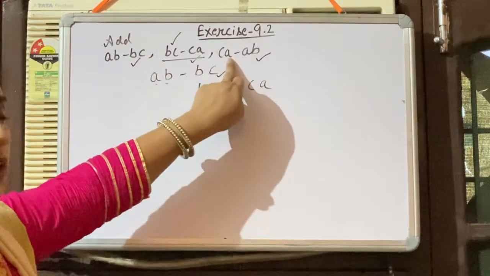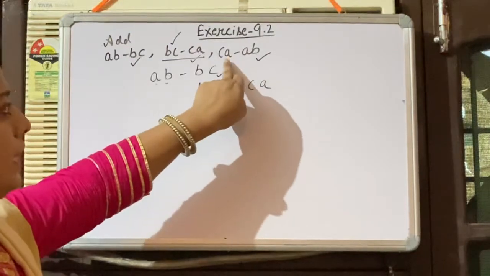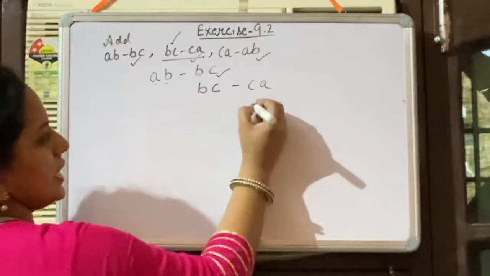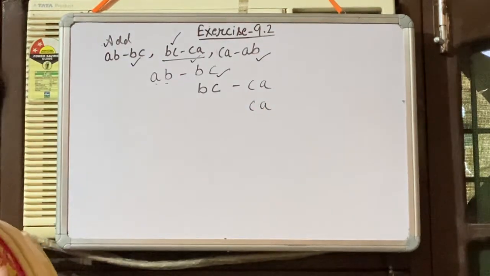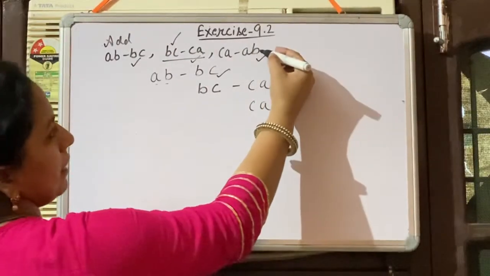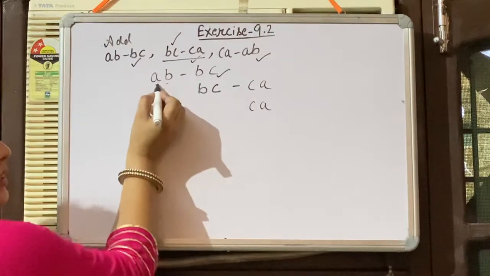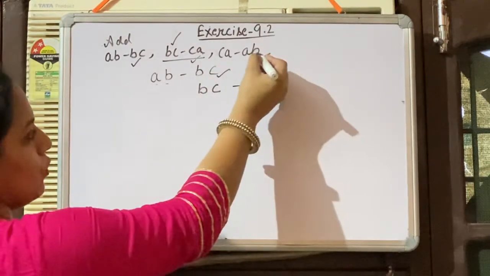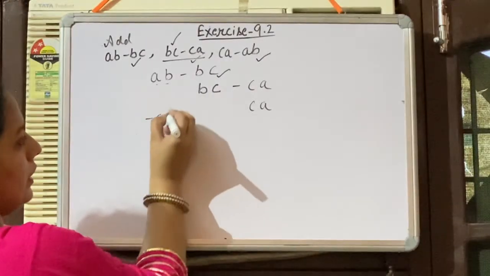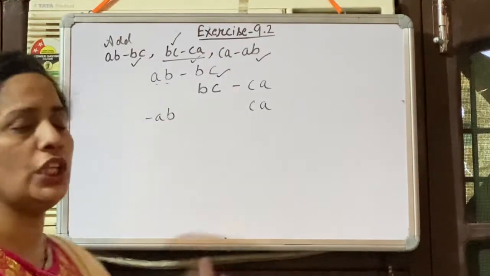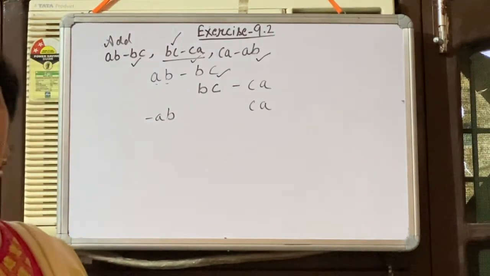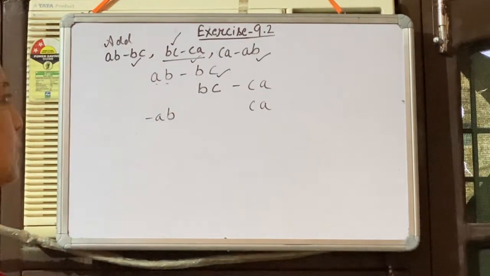Then in the third algebraic expression, here we have CA. So put CA below this term because they are like terms. Next is AB. AB is like this term, so we'll write AB in the first row. So this is the main procedure which we need to know before going to add and subtract algebraic expressions.